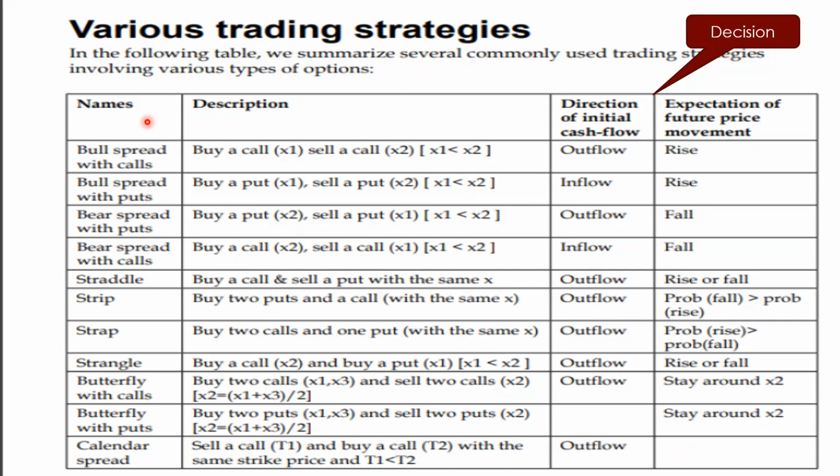It will show that in future the outflow will be heavy and the price will be increasing. If these two things are coming, it is best to go for the bull spread with call option.